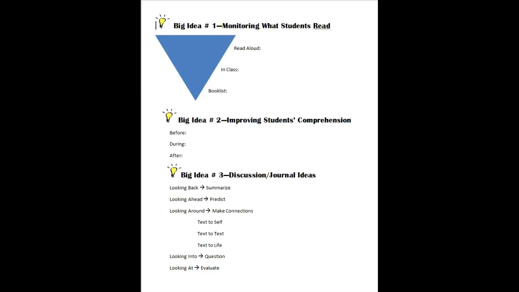Now, the narrowest part of this triangle is the books that you will put on your book list. I have the least control over this because this book list will live forever. I still have book lists from when I was in school 40 years ago, more than 40 years ago.